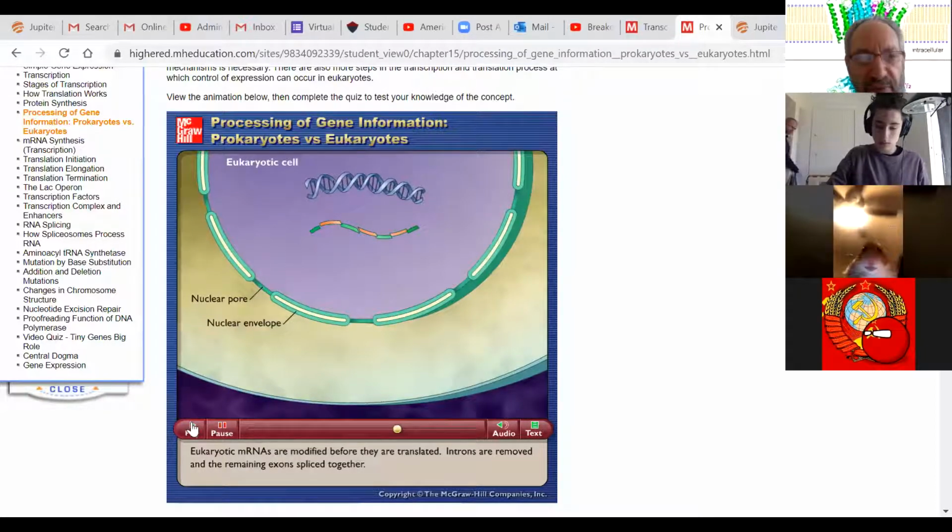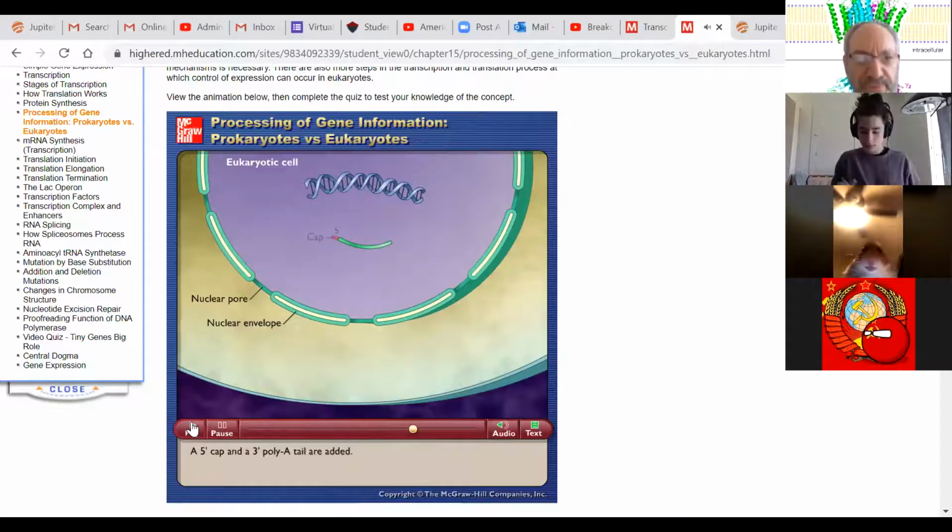So let's watch. The introns are removed and the remaining exons spliced together. There you go. A 5' cap and a 3' poly A tail are added. So in addition to removing the introns, we also add a special cap onto the 5' end of the mRNA, and we add a tail onto the 3' end.